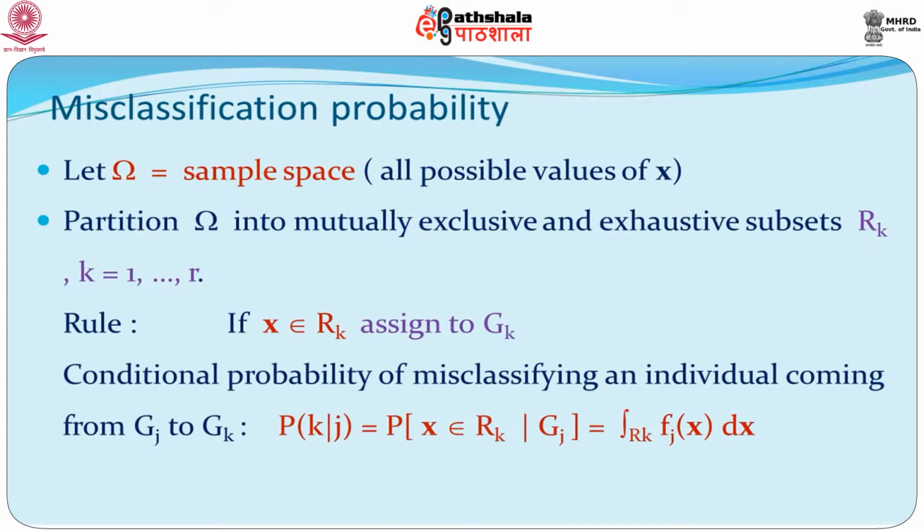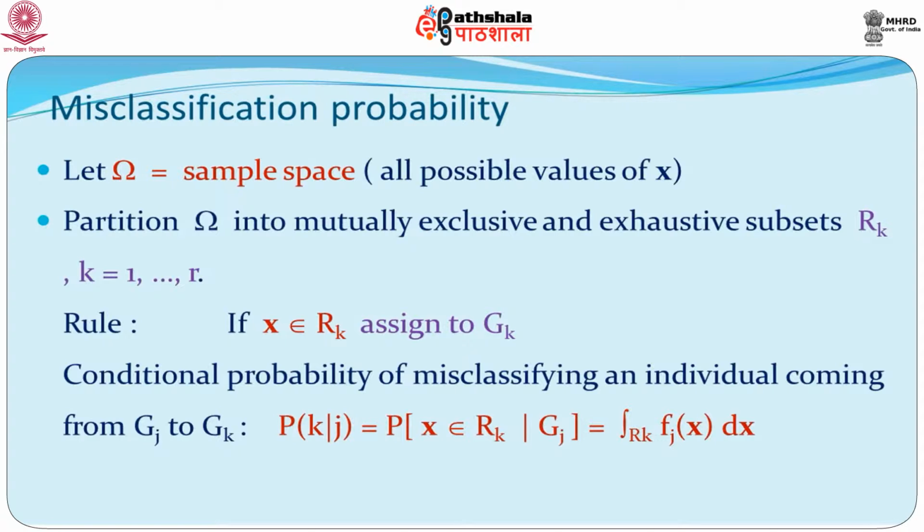In that case, the conditional probability of misclassifying an individual coming from the jth group Gj to the kth group Gk is P(k|j), that is, the probability that x belongs to Rk given Gj.